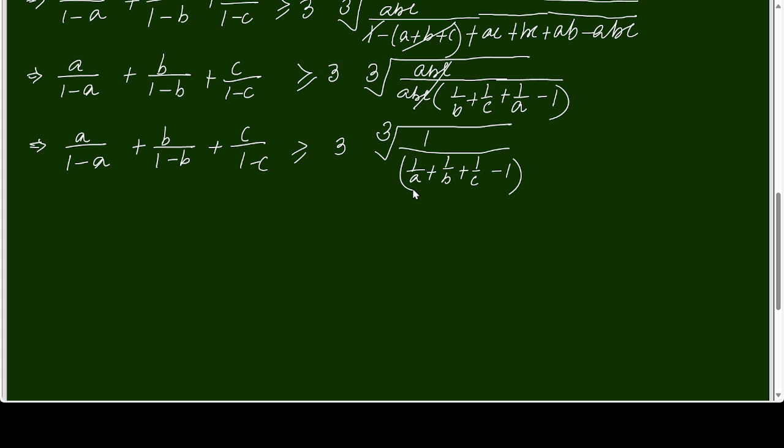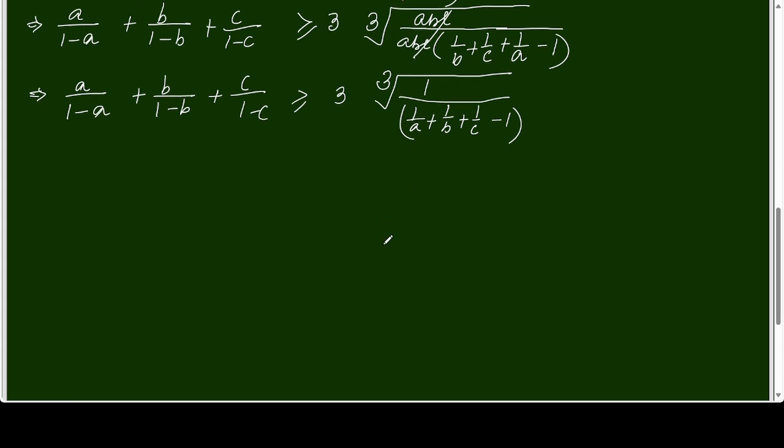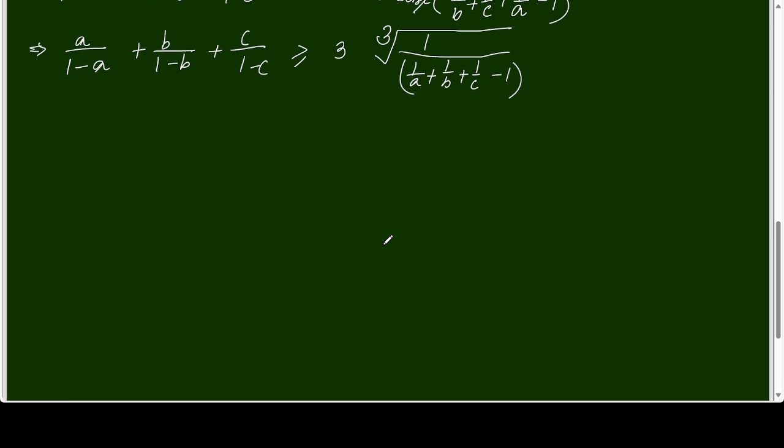Next we'll go for a trick, again using the arithmetic geometric mean. First I'm taking a, b, c. For a, b, c I can apply that the arithmetic mean is greater than or equal to the geometric mean. So a plus b plus c is greater than or equal to 3 times the cube root of abc.